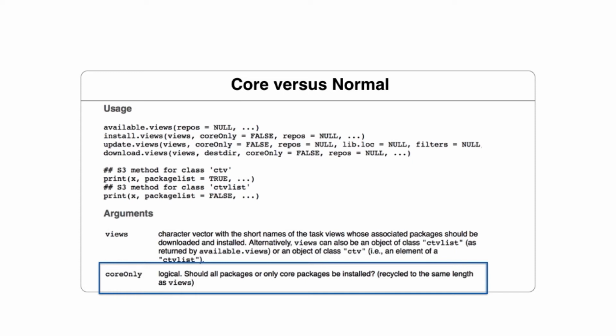So the task view not only installs the particular task view or the documentation and everything else, but through the task view, you're going to pull in all the different dependent packages into your R installation. If you are working with a machine which has limited space, for example, limited hard disk space, then this may not be a very good idea.